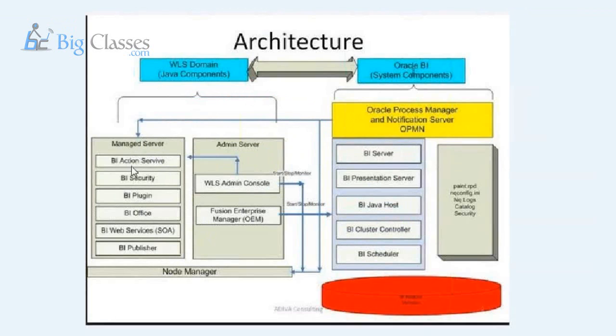So BA action services, BA security, BA plugin, BA office. Basically, BA office is a third-party application. We have integrated Microsoft Office into OBIEE for exporting data into Excel sheets.